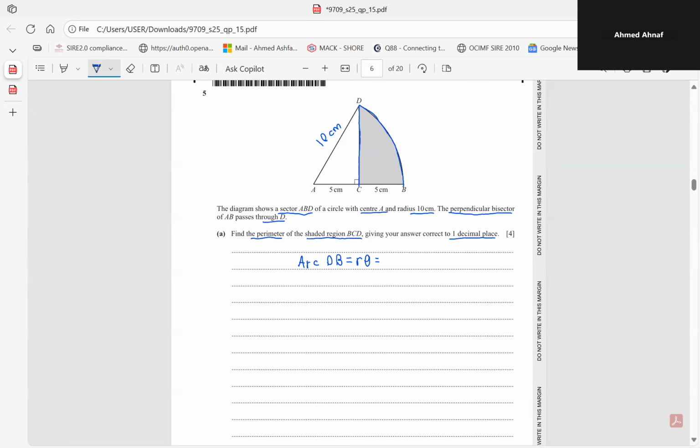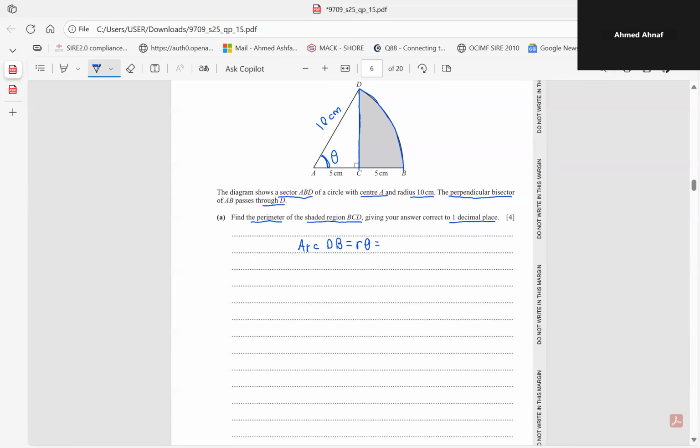Okay, and the theta is this angle DAB. And to find that out, we can use our trig ratios. So theta, you can see, is just equal to cosine inverse 5/10.